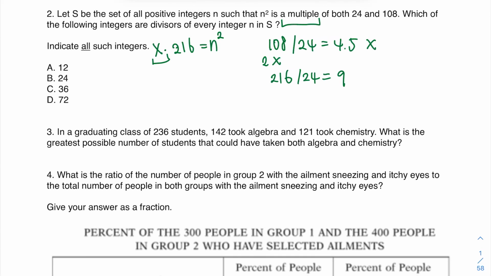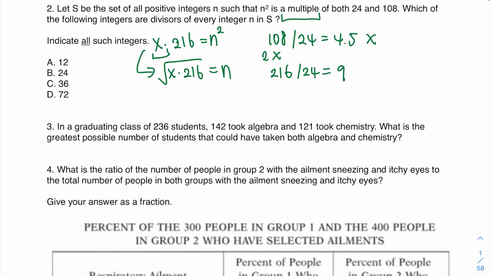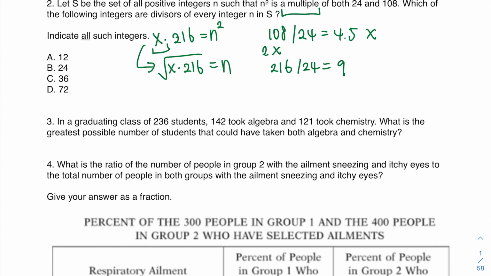So we have to solve for x in the next step. We can also try one by one, but this time I will just tell you that this number is 6.